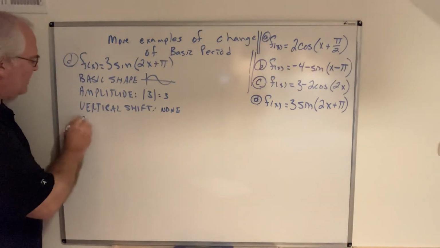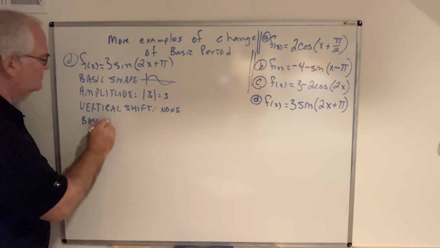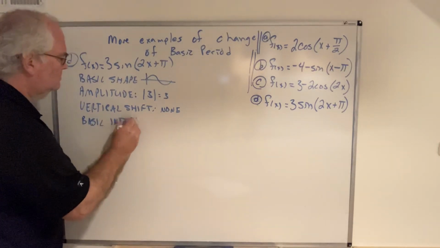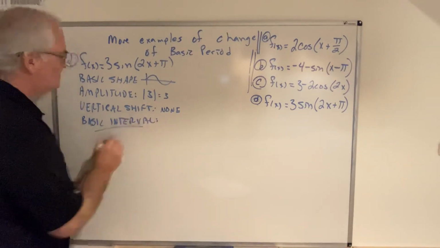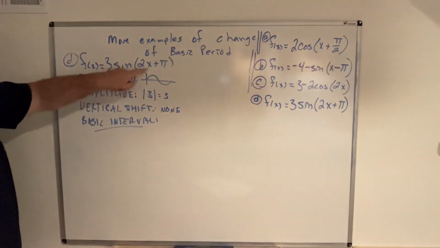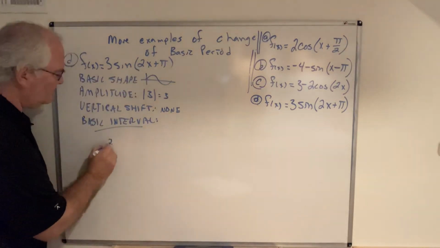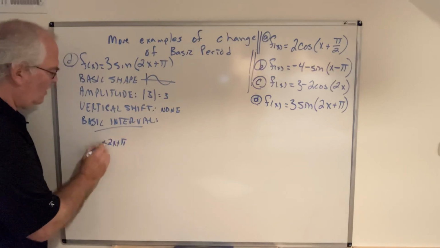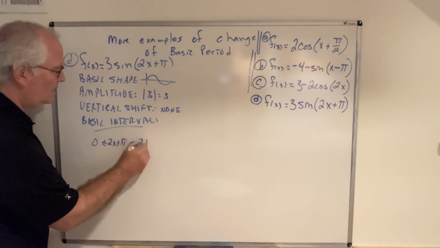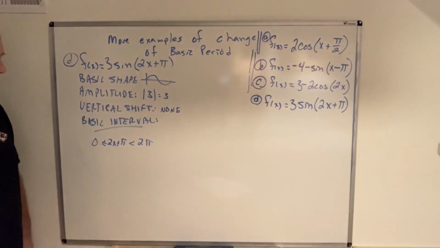And then we have the basic interval. And again, we take 2x plus pi and put it in the middle of 0 and 2 pi. So that should be straightforward.